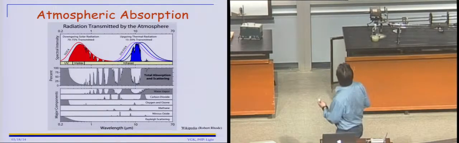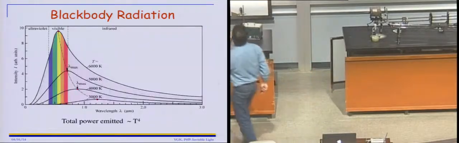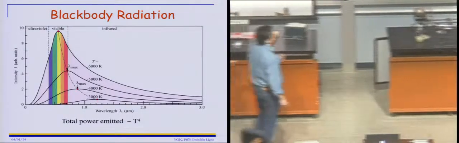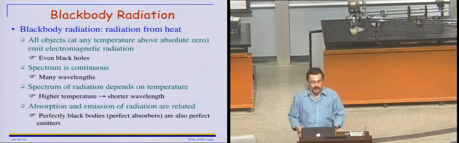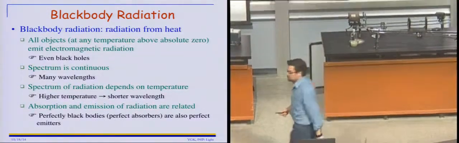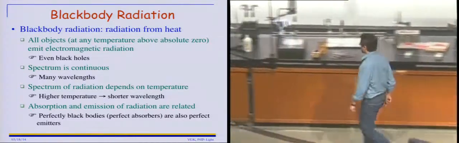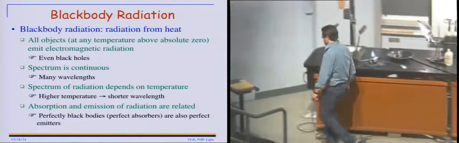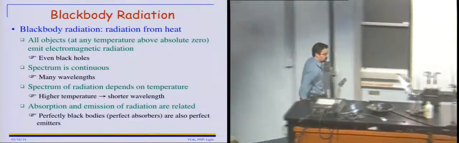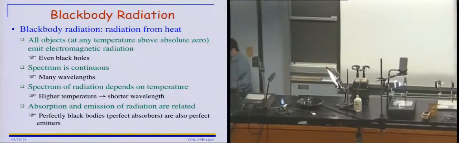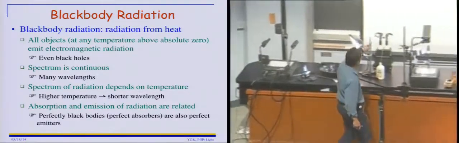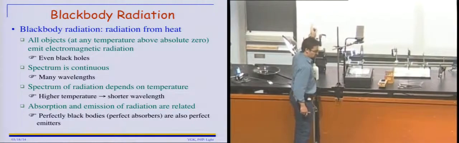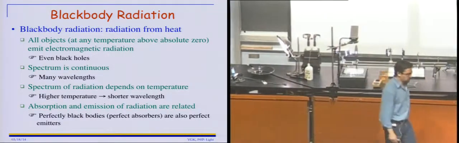All right, so let's come back to this picture. I actually wanted first to show you the two facts. The fact that every warm object radiates. If you don't believe me, here's the demonstration. I'll let this strip of metal warm up.